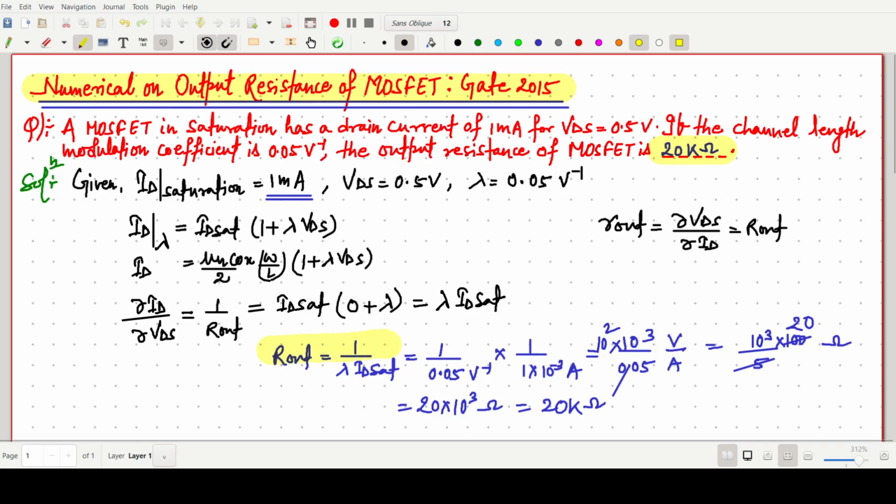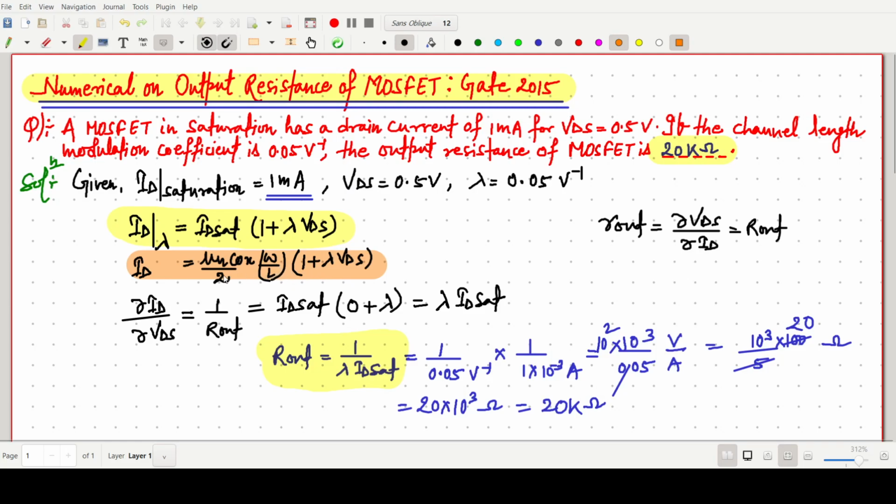The R output formula and 1 plus lambda VDS one can remember, but there is no need to remember. These are the fundamental formulas that we have to take care of for the drain current equation: when channel length modulation comes into the picture, we have to write ID sat times (1 plus lambda VDS).